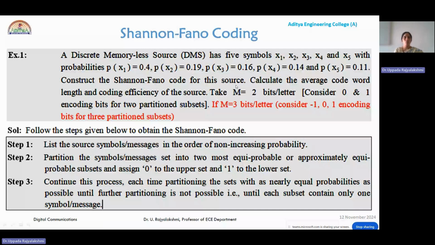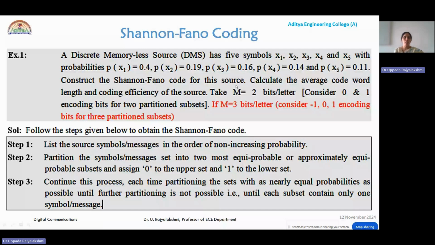Let us go through the representation table. The first column is symbols. Here we have represented all the symbols with the probabilities in decreasing, or non-increasing, order. Coming to the partitioning value, here m is given as 2.